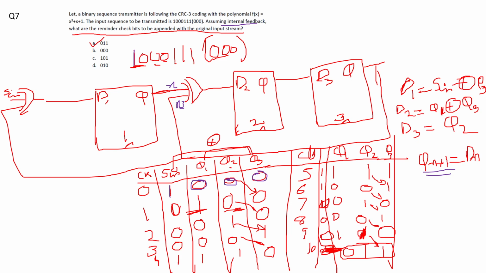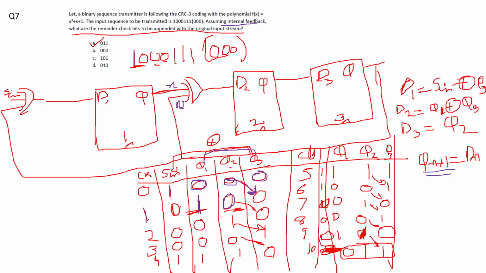So D1 equals Sin XOR Q3, that is 1 XOR 0 equals 1, which implies Q1 in the next cycle will be 1. Then D2 equals Q1 XOR Q3, that is 0 XOR 0, which is 0, so Q2 in the next cycle will be 0. And D3 equals Q2, so Q3 will simply be equal to Q2 of the previous cycle.